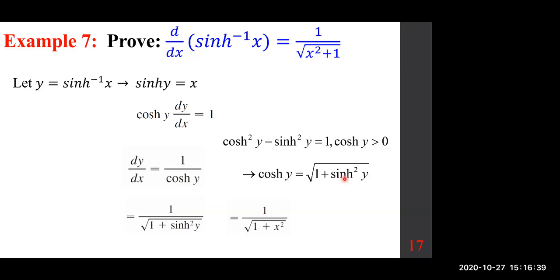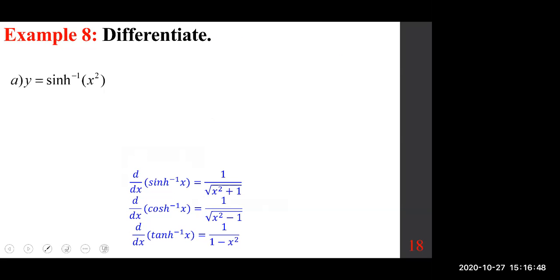Let's look at a couple of simple examples, okay, to get us going with this differentiation. We are interested in finding the derivative of sinh inverse of x squared. Please understand, class, that we are going to use the chain rule.